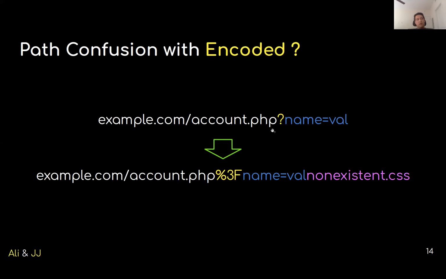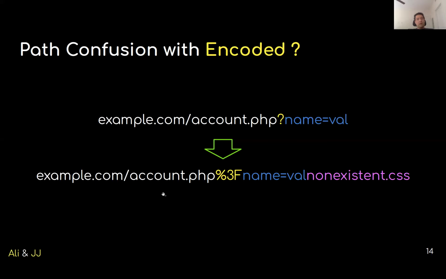As JJ said, the traditional exploitations only add one slash at the end of the file and make a confusion for the caching proxy, but this might target different caching proxies that are not configured to decode the URL string and will accept that %3f as part of the file. Most probably, in the case of caching proxies or CDNs, the file is now account.php%3f and the whole string.